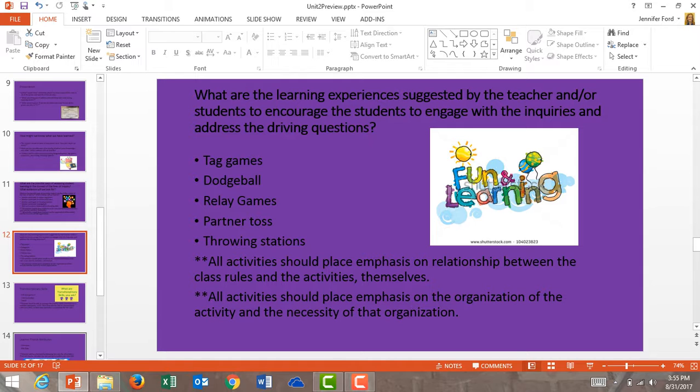That's what I'm doing for this particular unit. And again, it's all about the activities should place emphasis on the relationship between the class rules and the activities themselves. And again, I don't want to insult your intelligence. I know I did some repeating here, but I just make sure we're putting the emphasis on the relationship between the rules and the skills and the activities.